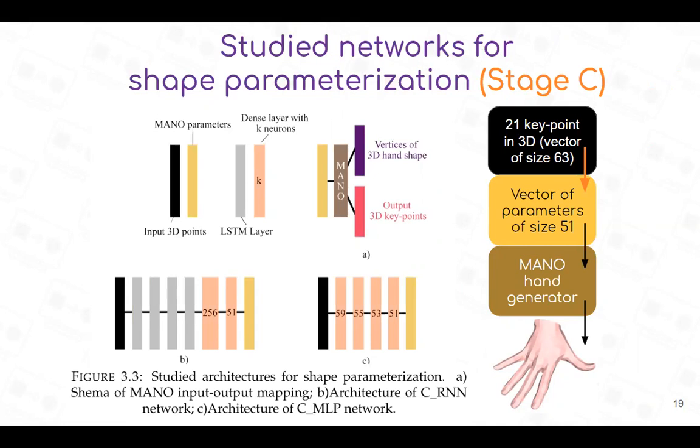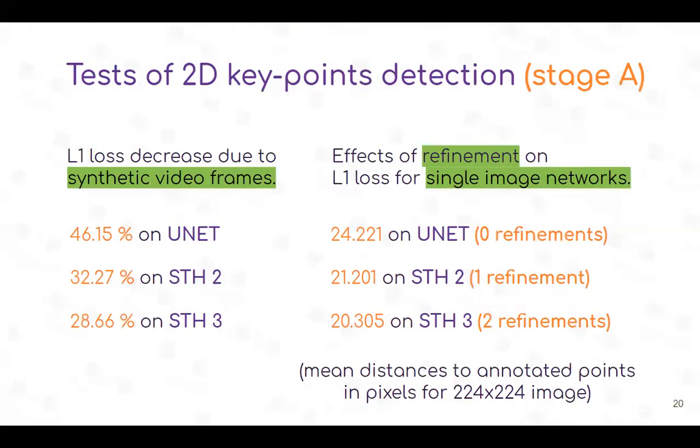In our case, the hand is kind of like a sentence, so we use a sequence of 3D points as a sequence of words in a sentence, and use a long short-term memory cell to translate it to a new space. And I will show in a few slides how it works.